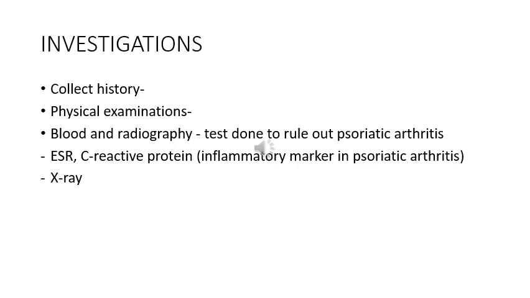If it is positive, we can go for rheumatoid arthritis as the diagnosis, and if rheumatoid factor is absent, it is psoriatic arthritis. C-reactive protein will be increased or present in both conditions.